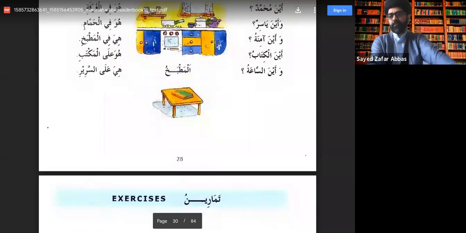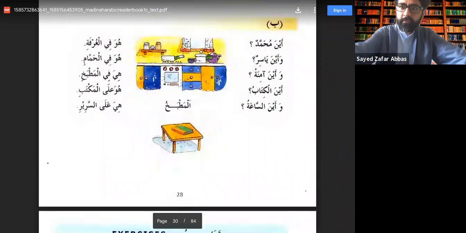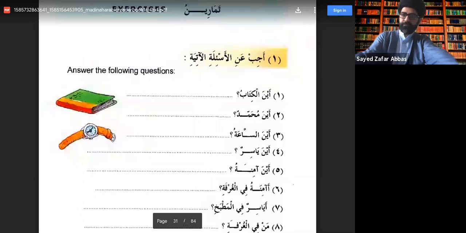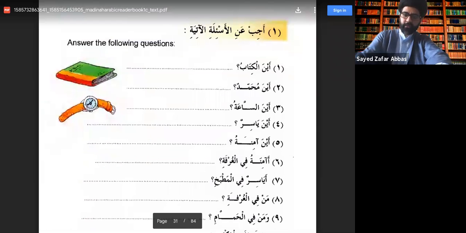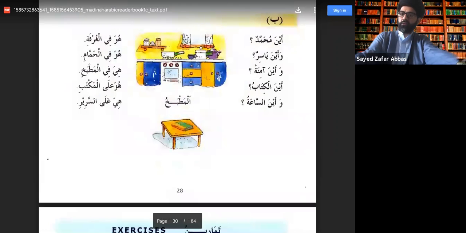And where is Muhammad? Right. So أين محمد? هو في الغرفة. He is in the room. Then we come to the third question. أين الساعة? Where is the watch? هي على السرير. It is on the bed.